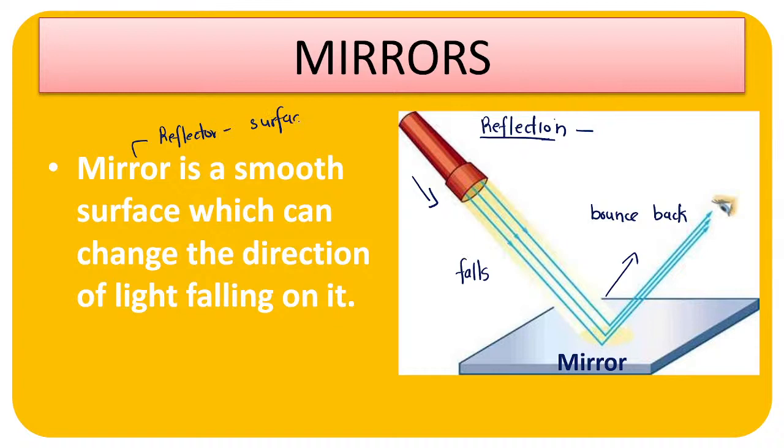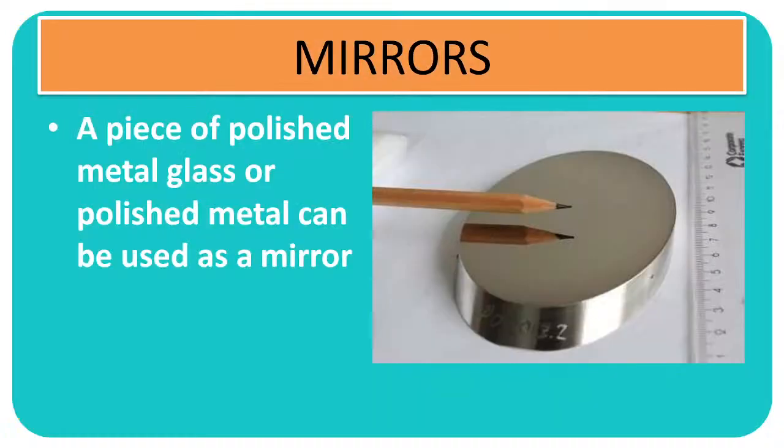Any surface, especially a smooth surface, that helps in reflection. When light falls onto a smooth surface, light is changing its direction, light is bouncing back, and this bouncing back property of light is termed as reflection.